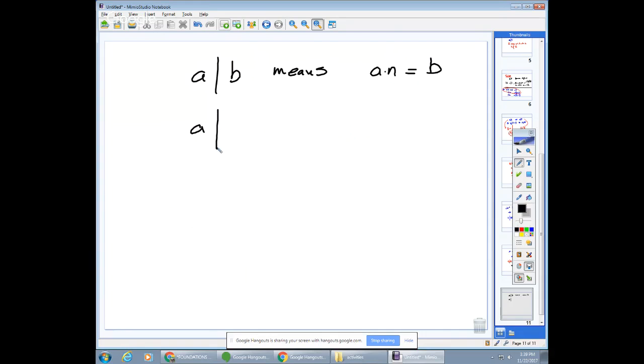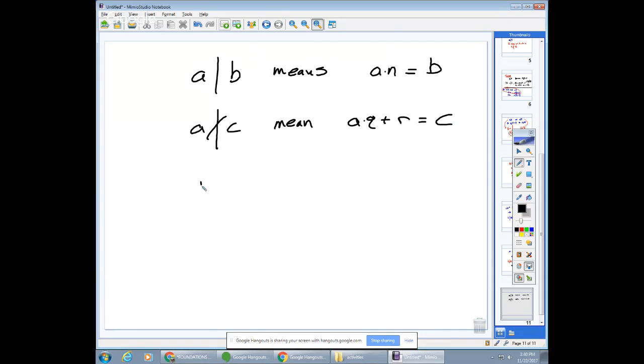If A does not divide C, that means there's going to be a remainder. So that's going to mean that if I take A times some whole number, let's call it Q, I'm going to have to add on some remainder so I can get C, because it's not going to work perfectly.